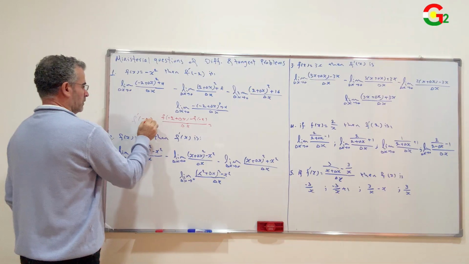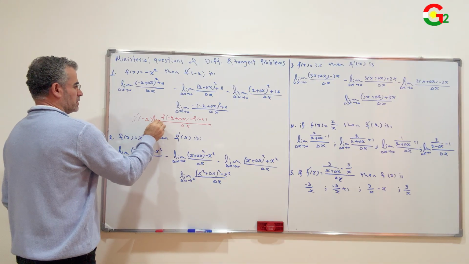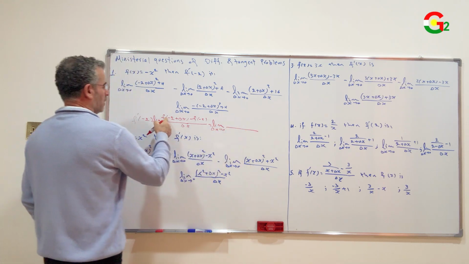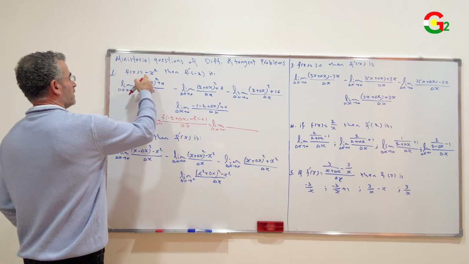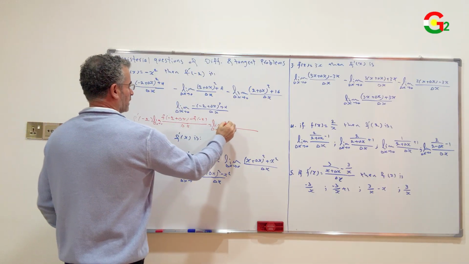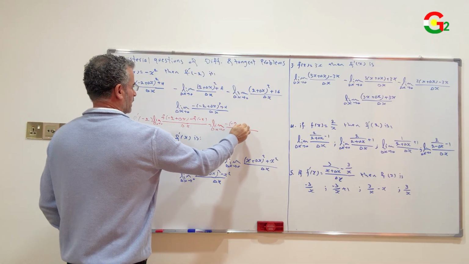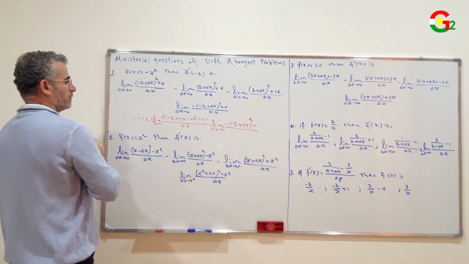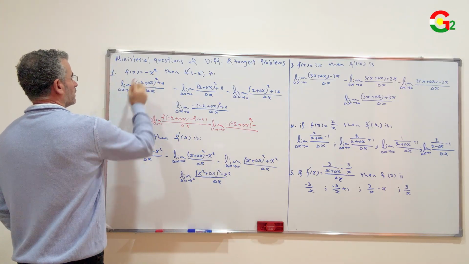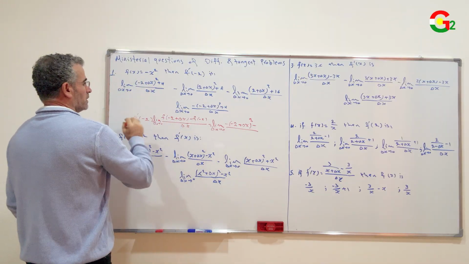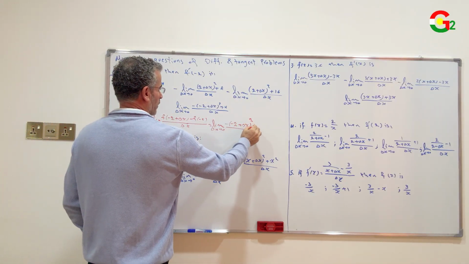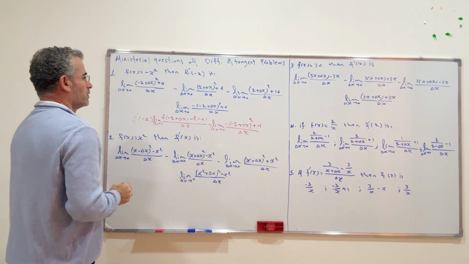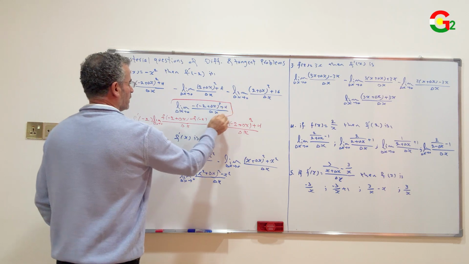Depending on f of x, it is negative 2 plus delta x, power 2, minus f of negative 2, negative 2 squared, which is minus 4. Minus 4 is plus 4 over delta x. The right choice is D.